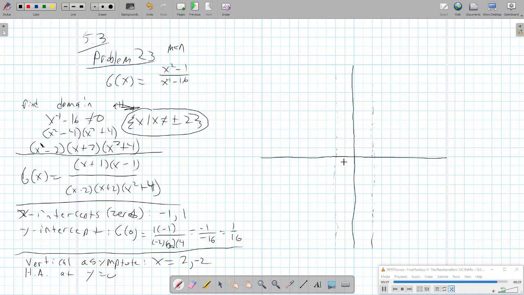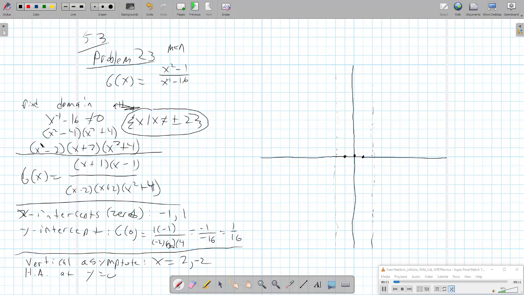Alright, and we also have an x-intercept at negative 1 and a positive 1. And we have a y-intercept at 1/16. That's interesting. That's very tiny. That's actually probably too high up, but I may change my scale once I get a look at what the graph looks like.